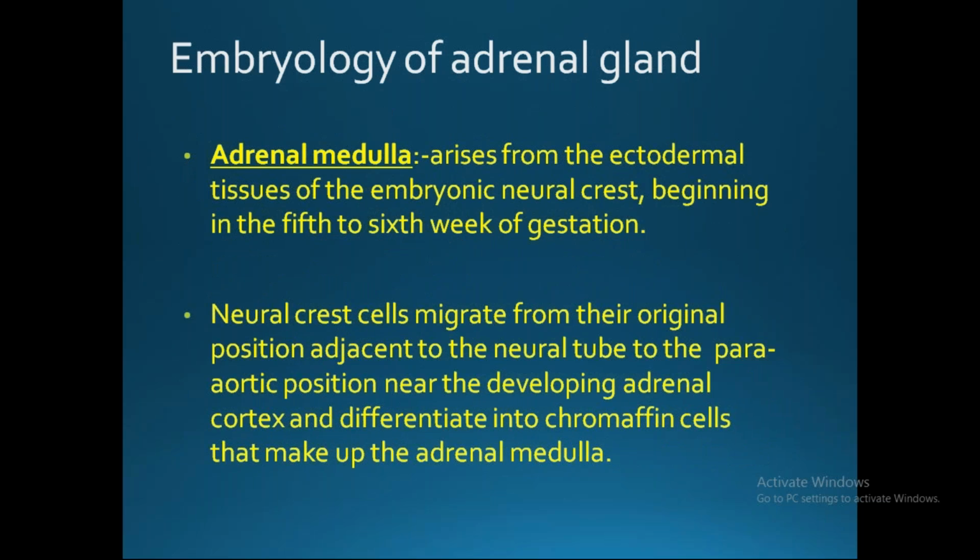And coming to the adrenal medulla, it arises from the ectodermal tissue of the neural crest. Because it arises from the embryonic neural crest, any disorder of the adrenal medulla is nearly similar to problems arising in other neural crest origin structures, the neuroendocrine cells.